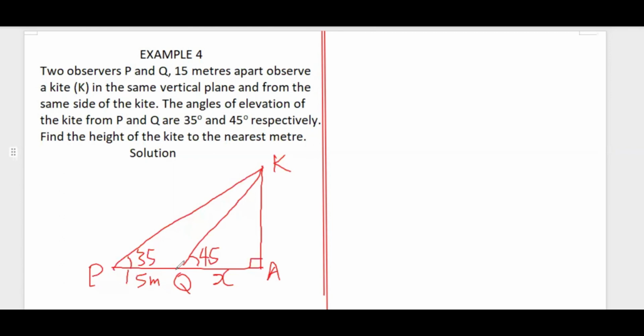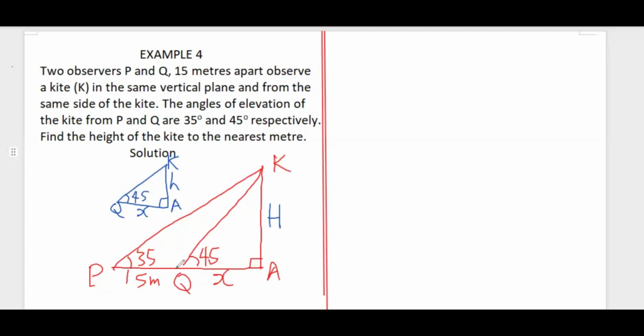The first one, the smaller, is triangle KAQ, where KA is, let's call it H, the height of the kite, and here X, because that's what we have to find. So we have 45 degrees here.